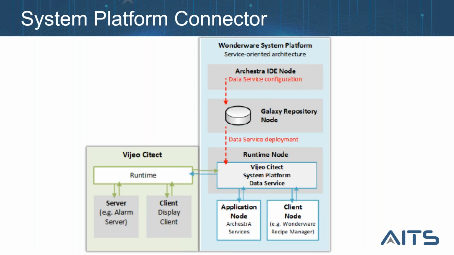You can actually combine them: the IDE and the GR machine can be combined on one machine. And the third machine is the runtime node where these services are going to run. So you have to choose a node where these data services are going to be running.